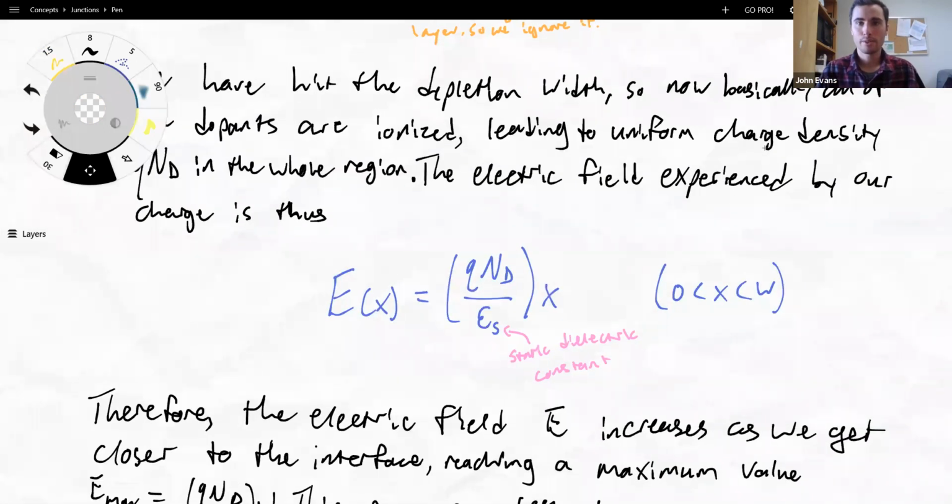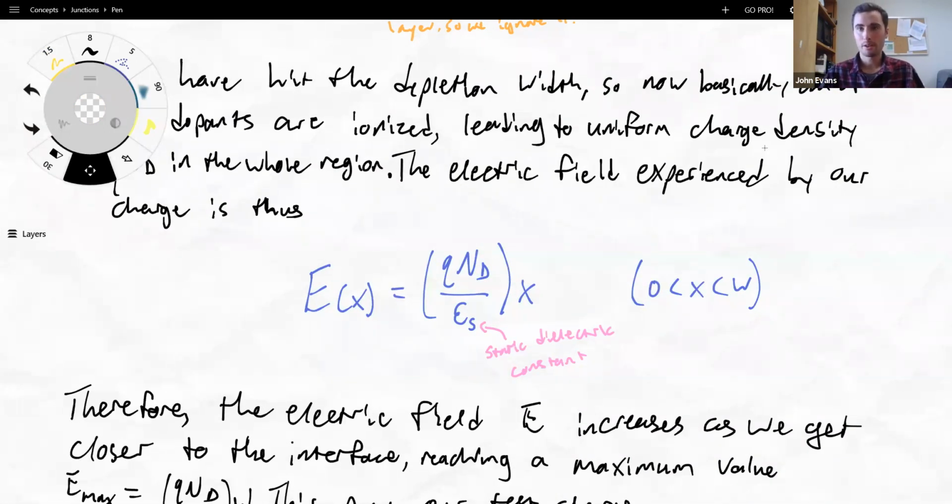Now, the electric field experienced by our charge at any point in our depletion width is going to be equal to this equation here. The electric field is equal to the fundamental charge times the number of dopants, so our charge density, divided by epsilon s, which is our static dielectric constant, multiplied by the distance x.